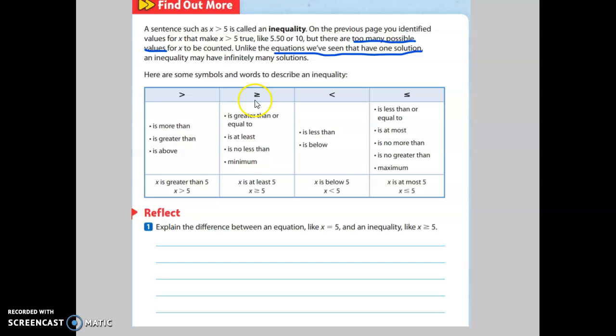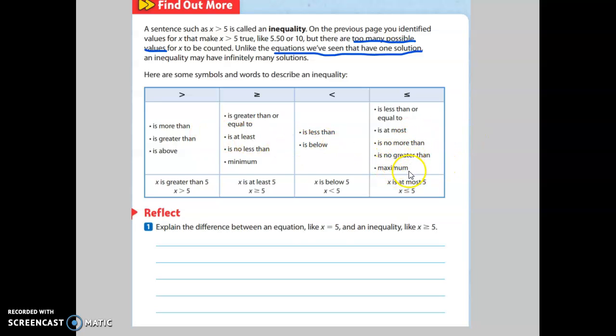This one's different. When it has a line underneath it, it means that it could be equal as well. Is greater than or equal to, is at least, is no more, less than, the minimum. This is less than or below. X is less than 5, x is below 5. Is less than or equal to. So this little line under each of these two shows that it's equal to or at least or is no more than.